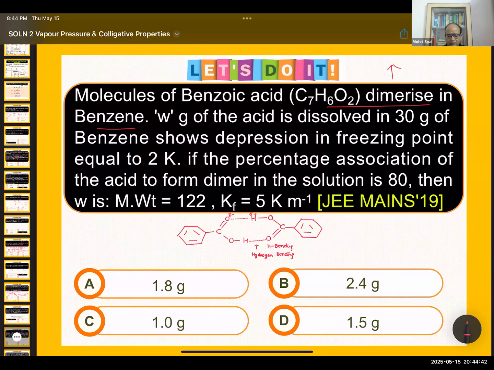W gram of the acid dissolves in 30 gram of benzene. And the freezing point depression, the depression in freezing point, delta Tf, is equal to 2.